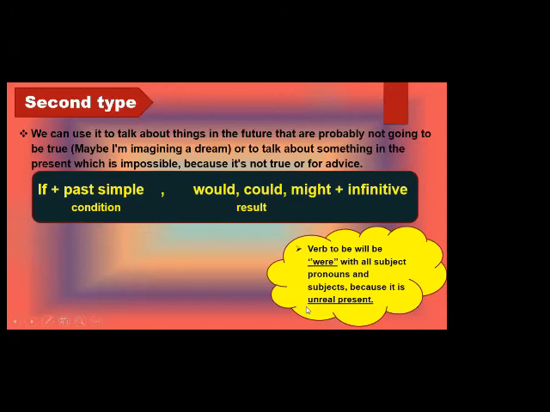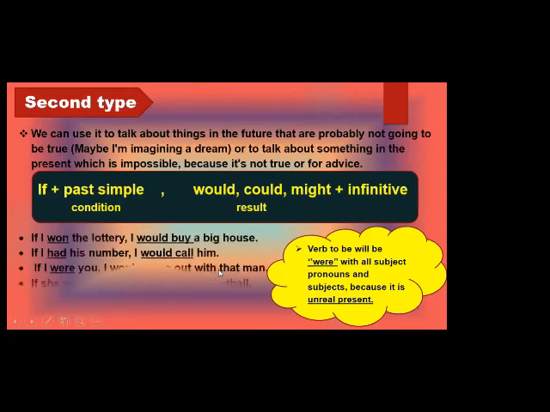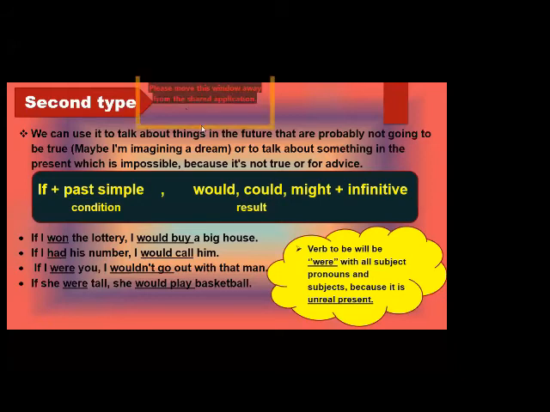So the verb to be with type 2 will be were, not was. Why? Because it's unreal present. It can't happen. Let's see: if I won the lottery, I would buy a big house. This means the fact is I didn't win the lottery, so I don't buy a big house. So in type 2, we are talking about an imaginary situation in the present or in the future, and it can't happen.